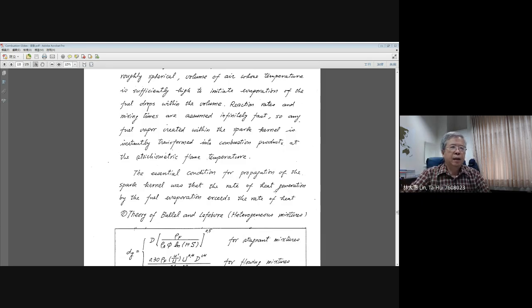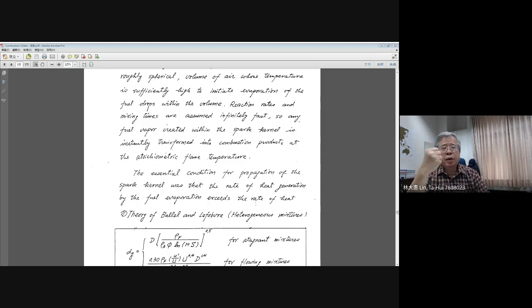If the rate of heat generation exceeds the rate of heat loss, ignition succeeds. When liquid fuel exists in your ignition area, heat loss involves heat diffusion out, based on the temperature difference from the ignition source to the surroundings. Secondly, if you have a turbulent flow, turbulent diffusion will carry certain heat out of your ignition area.